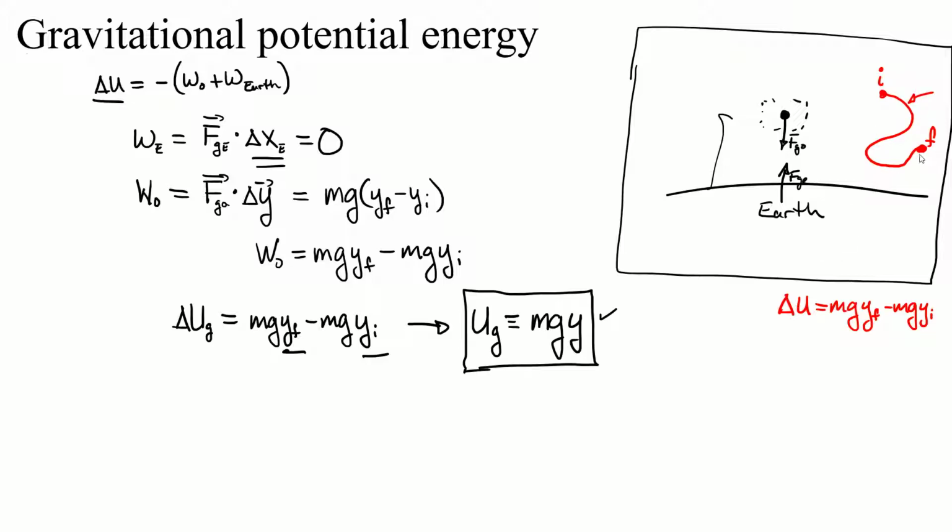It's path independent. So you can save a lot. If you were to figure out the work done by gravity, if you were to just look at this particle by itself, you would have had to figure out the whole distance it traveled, the dot product between the force and the change in position, and all that math can get really, really complicated really quick.